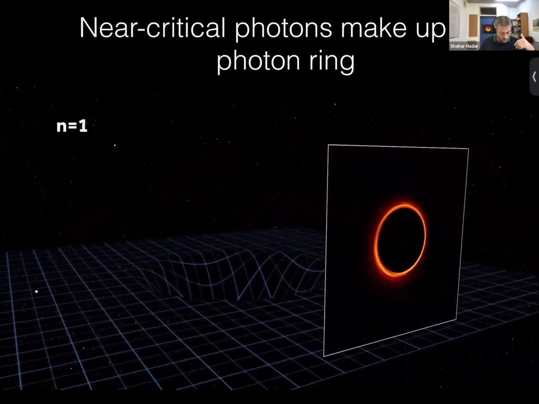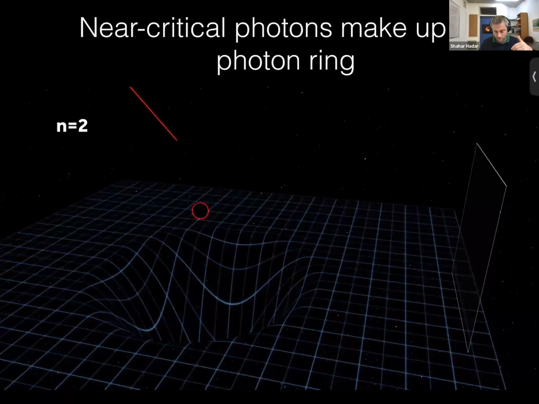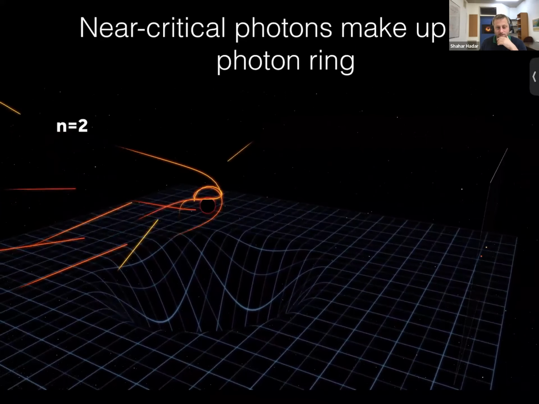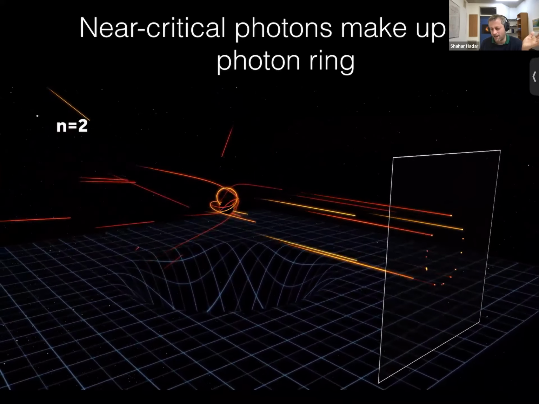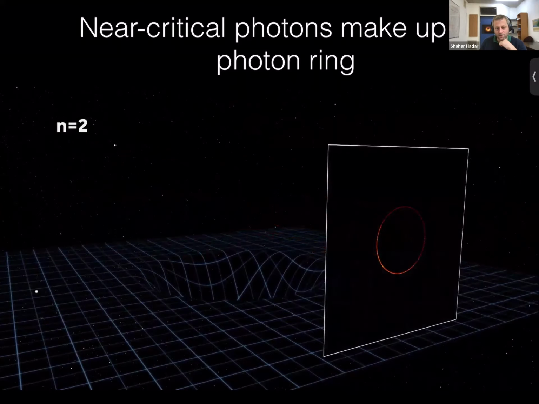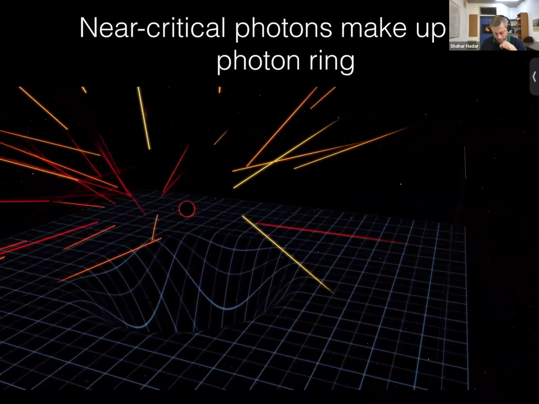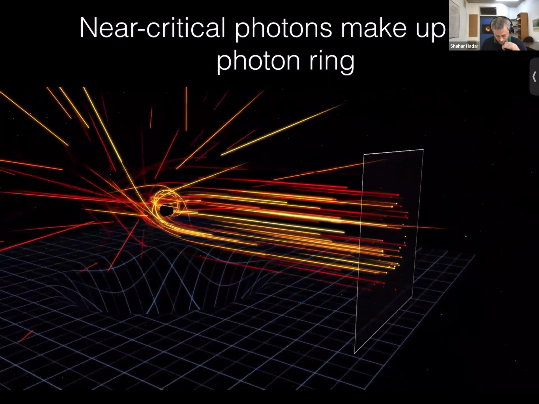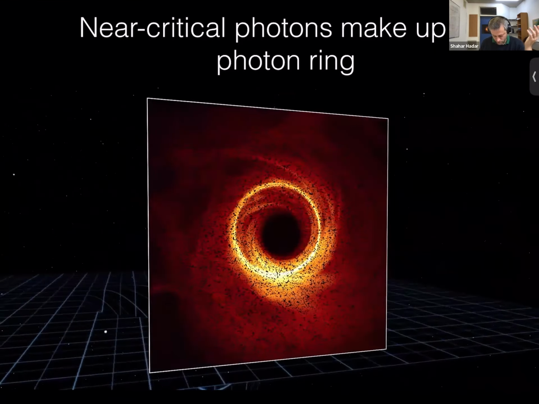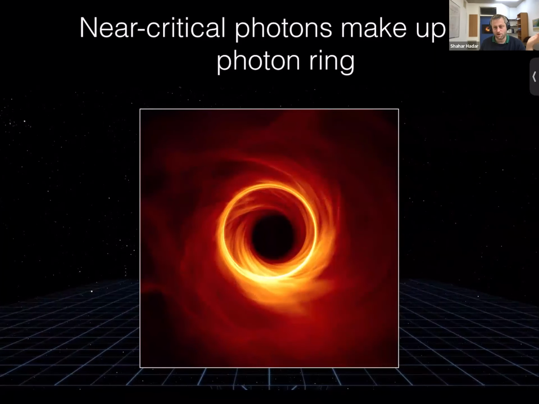And then we have photons that undergo 2 half orbits and generate an even finer feature on the screen. So the pileup of all these subrings, the ones that are n=1 or higher, is the totality of the photon ring. And all this together makes up the full image. This is a simulated image, resulting from ray tracing into a GRMHD simulation, so it's the best guess of what we can expect to see.